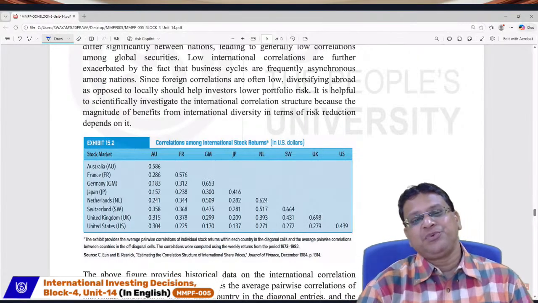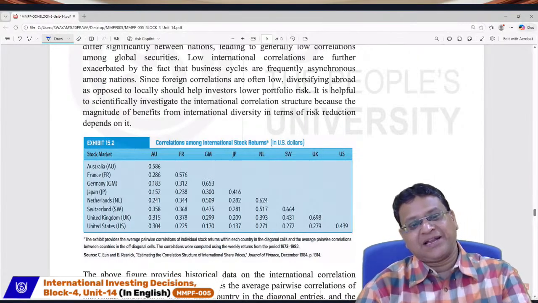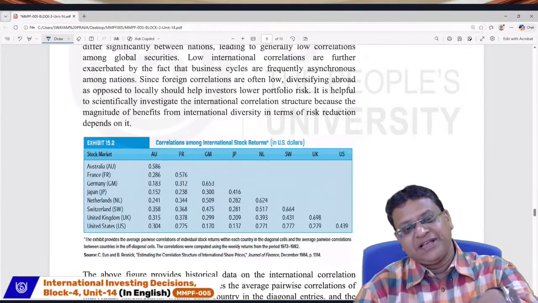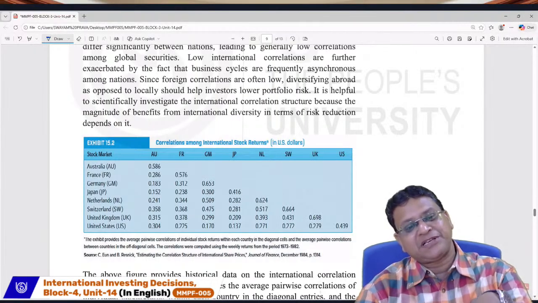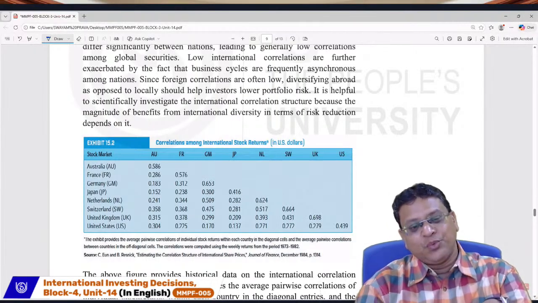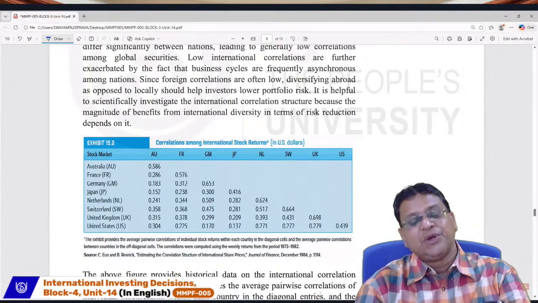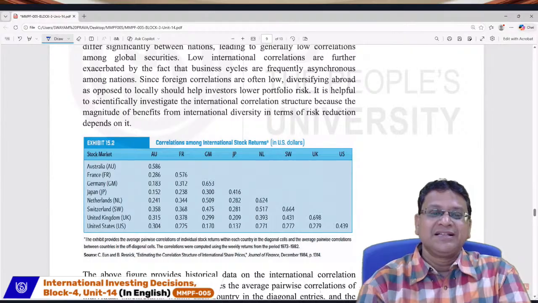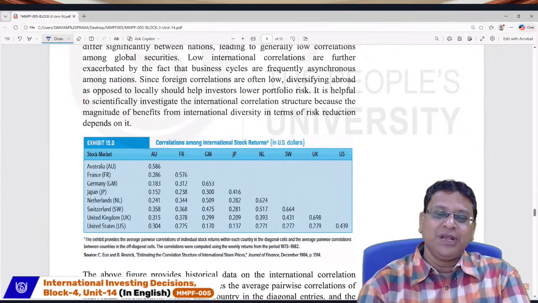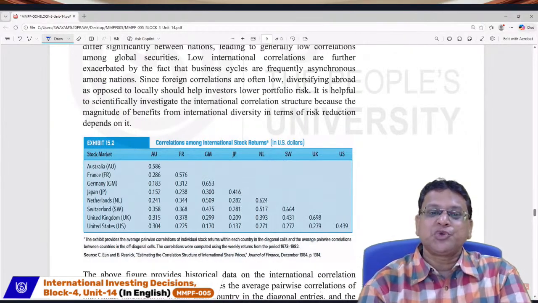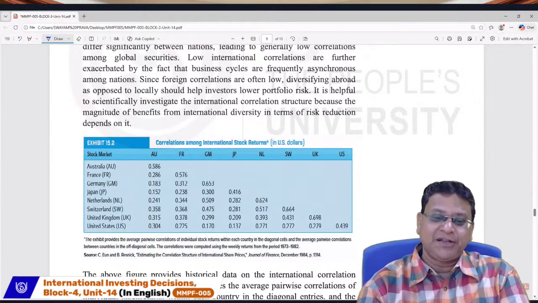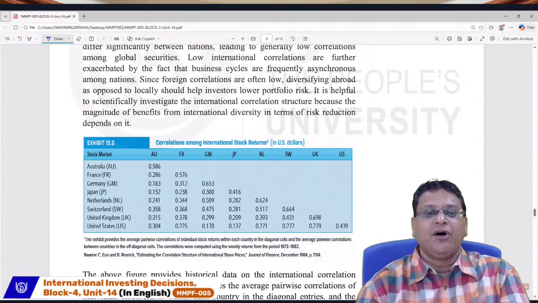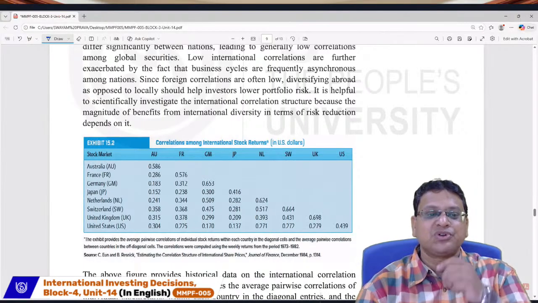That means, suppose you are holding Indian market stocks and you are facing a systematic risk with Indian market stocks. You want to reduce this country specific systematic risk. You want to reduce this with a foreign investment. With which country's shares investment will you diversify so that you will get the benefit of reduction of risk of Indian portfolio stocks?